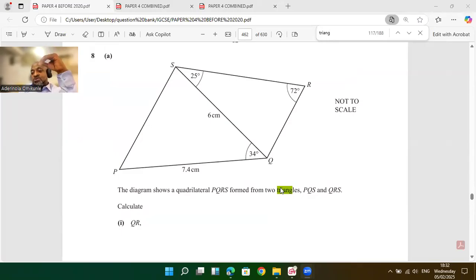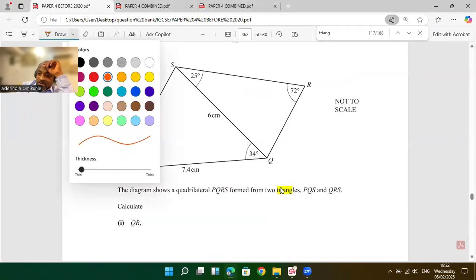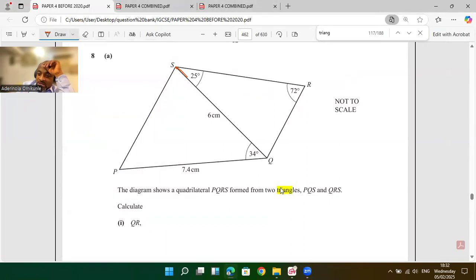So what we usually do is we look at the triangle that actually contains QR. I'm going to draw in red. It is the triangle RSQ or QSR. This is the triangle that contains the side QR. So if you want to draw it out, it's just something like this.